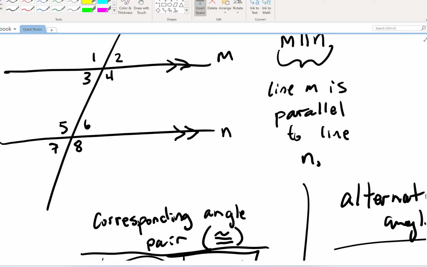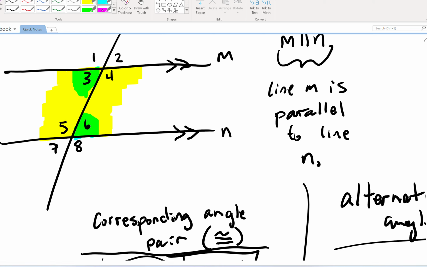Interior angles are the ones that are inside the two parallel lines. So 3, 4, 5, and 6 are all interior angles. But the alternate interior angles would be 3 and 6, because one's on one side, the other's on the other side. Those are congruent.